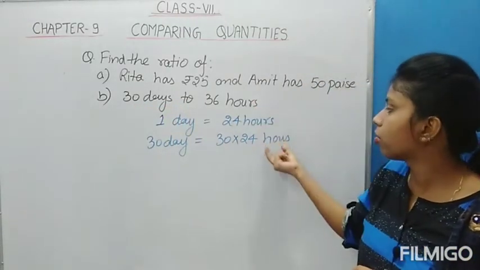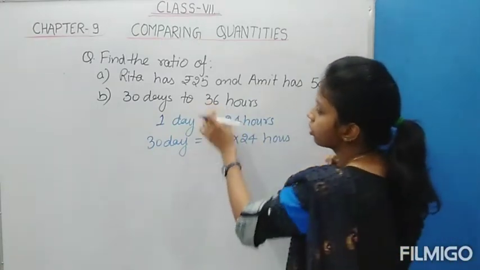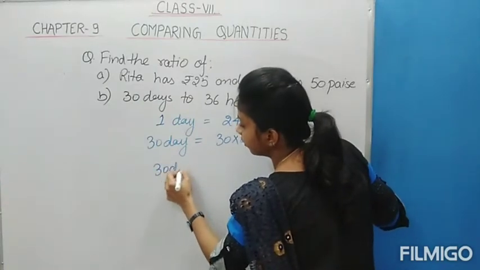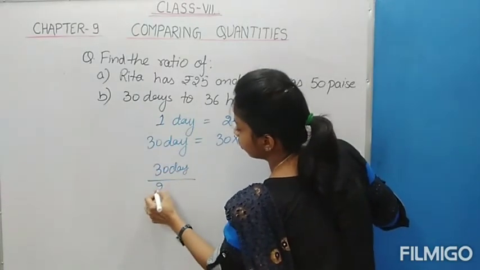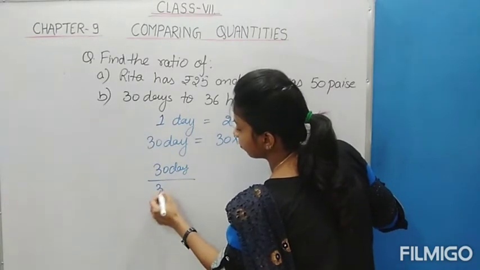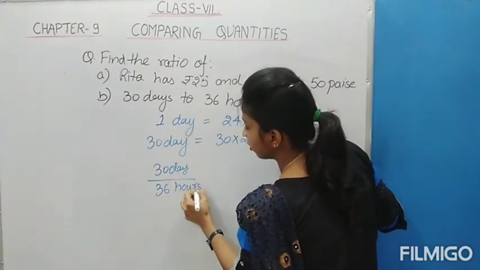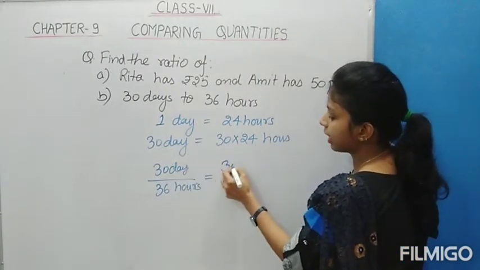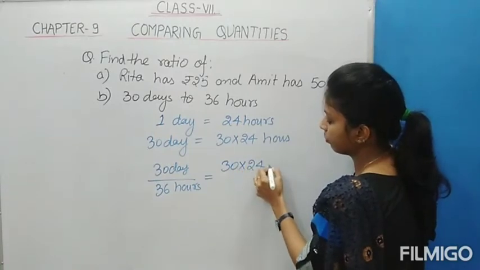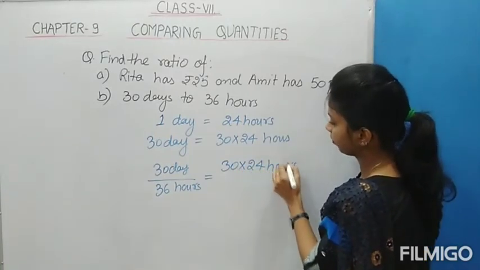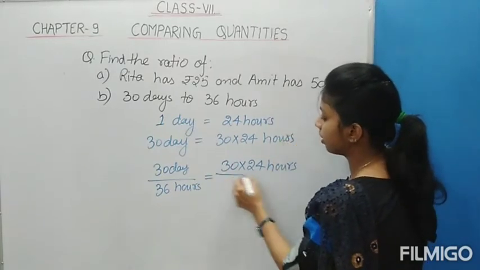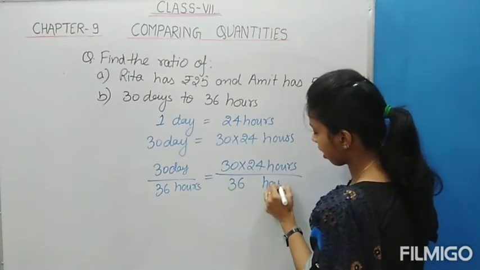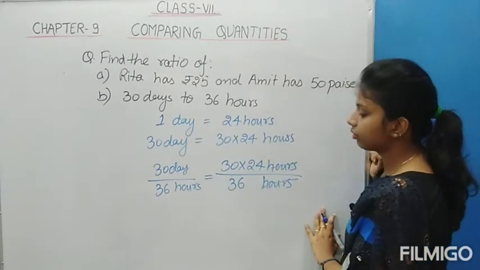Now both are in the form of hours. To find the ratio, of course we are going to divide. It is 30 days divided by 36 hours. So 30 days can be written as 30 into 24 hours, divided by 36 hours. Here hours will cancel with hours.